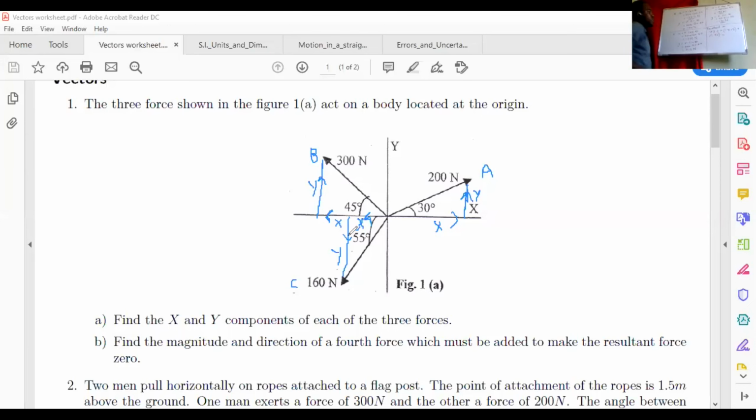When we add those, we get negative 130.8 newtons.